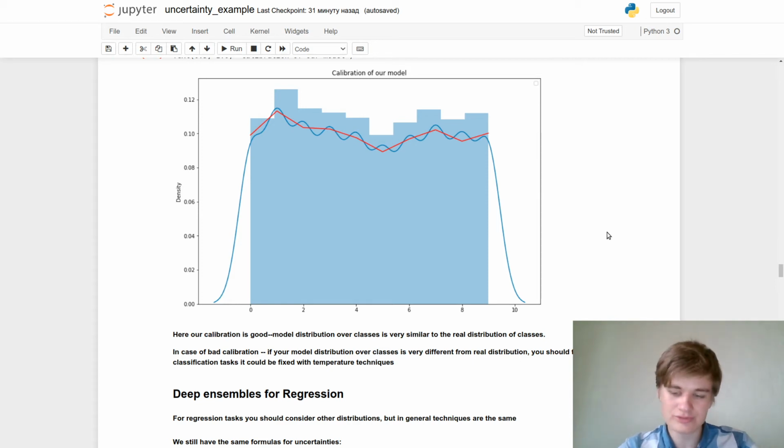And you can also calculate this average probability over your predictions.